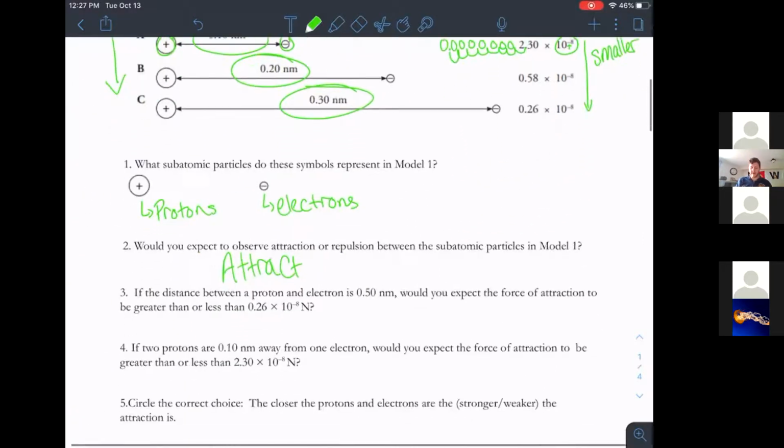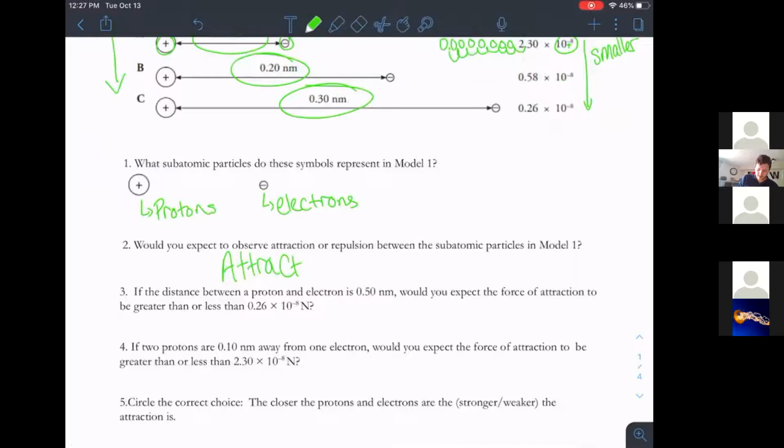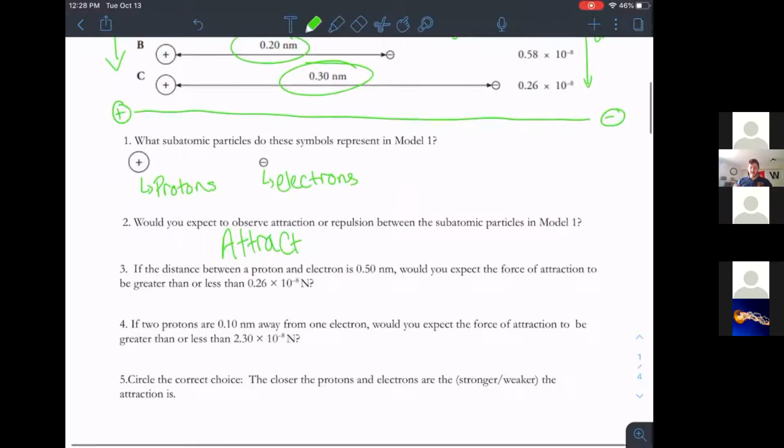So if we make this an even bigger distance, so we have our proton over here and our electrons way over here, do we think it's going to be less than or greater than this 0.26? I had somebody already answer that.